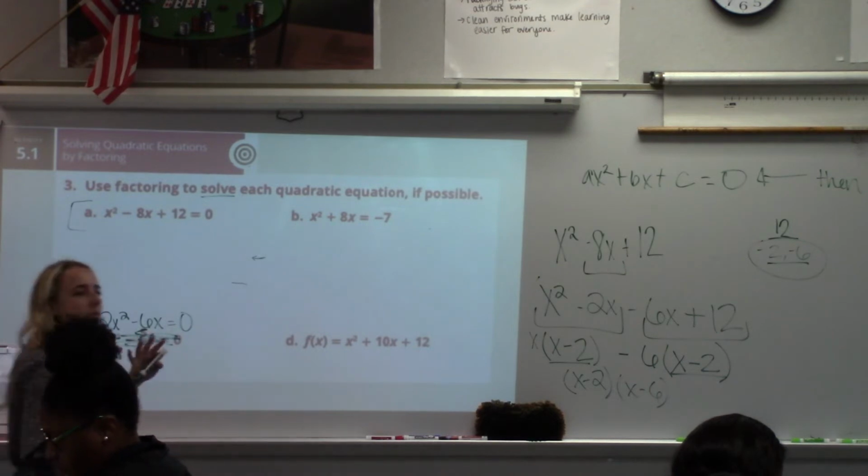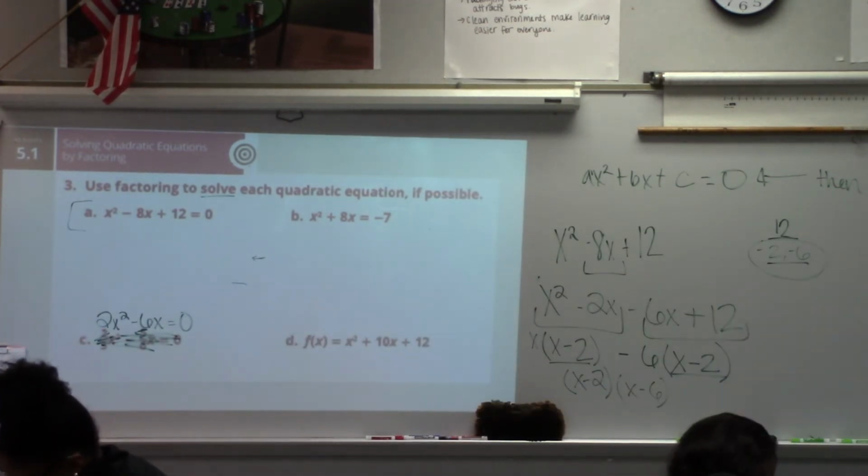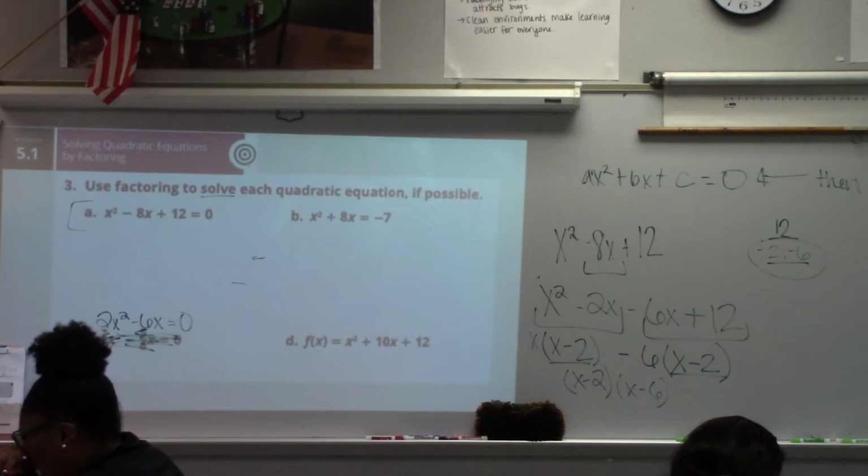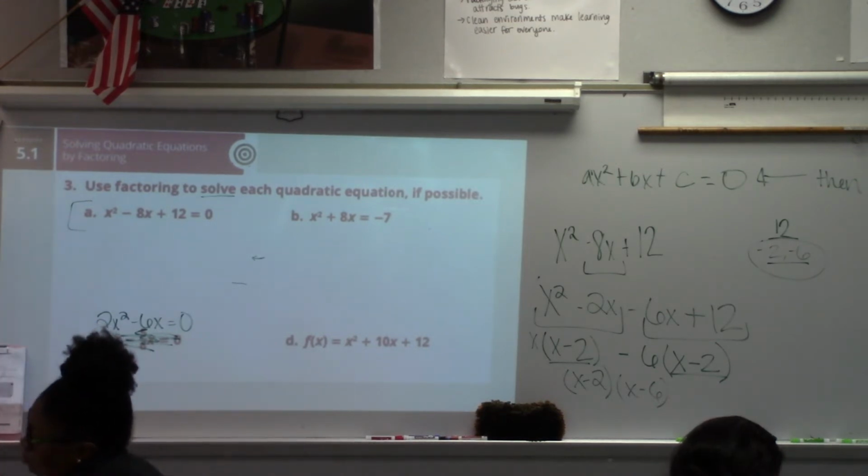Y'all keep working, hold on. The bell ringer was just the factor form. I want you to emphasize that so that now it's ready to solve, because the emphasis is on the zero product property at that point. Okay, so I didn't realize that A was just going to be that; they should have already had that factored.